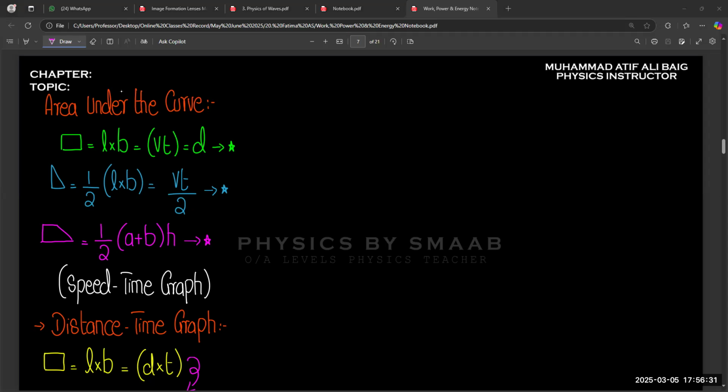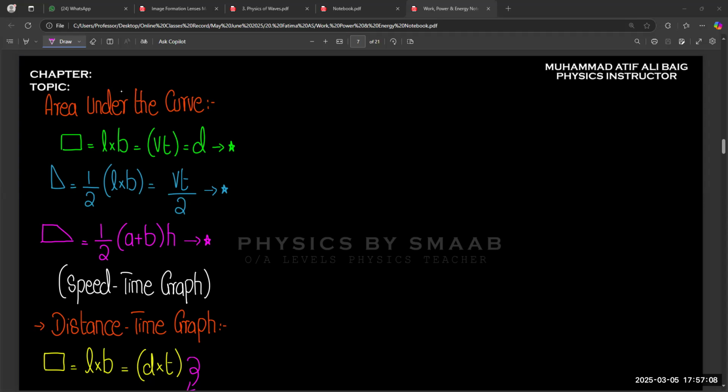Right. So after this graphical representation, now if we consider some advanced graphical representation that is included in AS, because this is the previous one that we already know and this is the basic one. So let's suppose we talk about free fall motion, when we drop any object from a certain height.